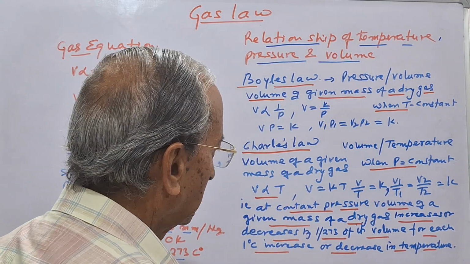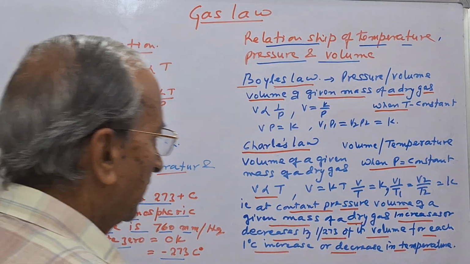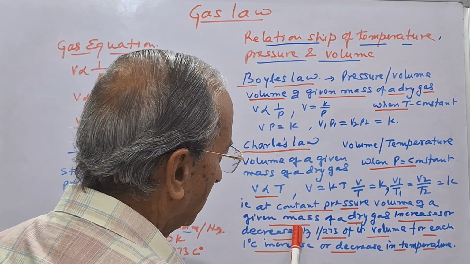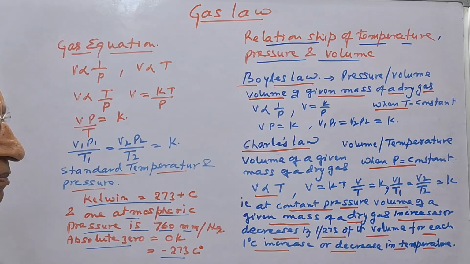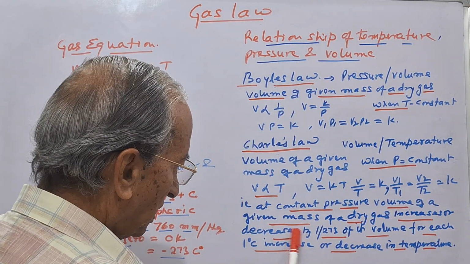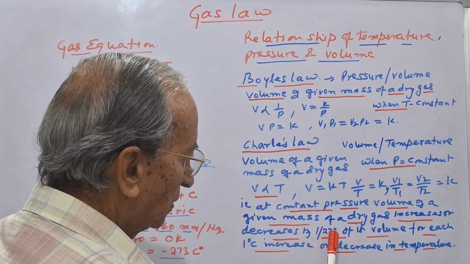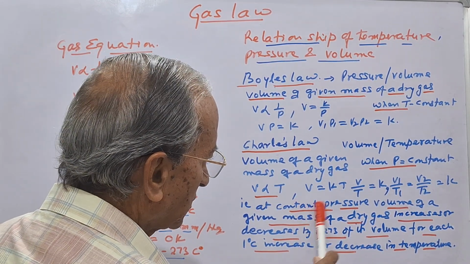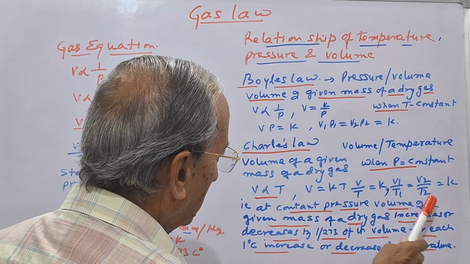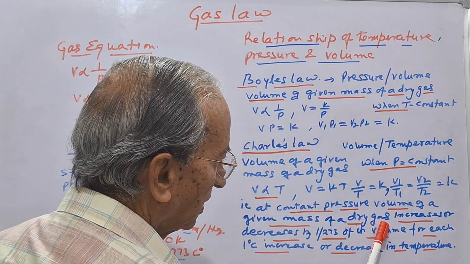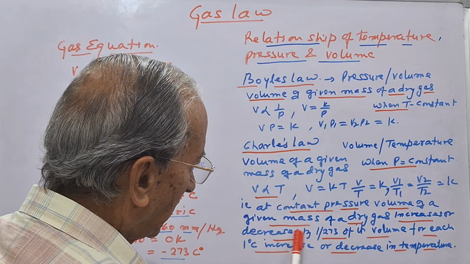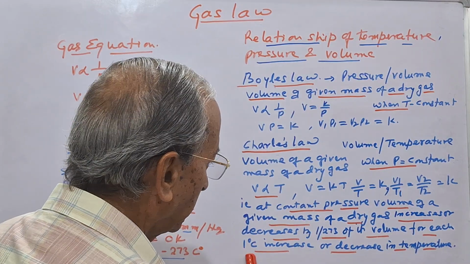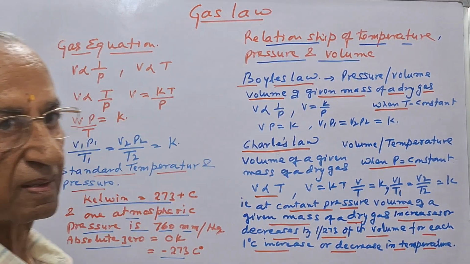Now this Charles law can be explained: at constant pressure, volume of a given mass of dry gas increases or decreases by 1 upon 273 of its volume for each 1 degree increase or decrease in the temperature.